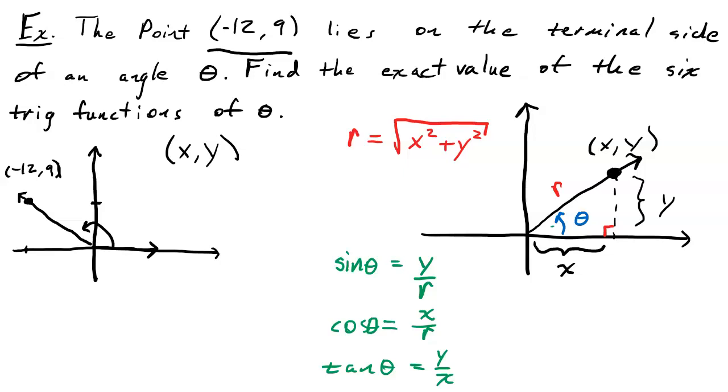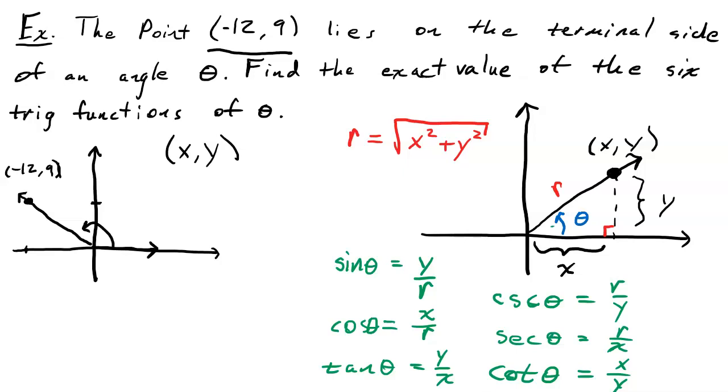Using our inverse functions, we can see that cosecant theta is equal to r over y. Secant theta is equal to r over x. And cotangent theta is equal to x over y.